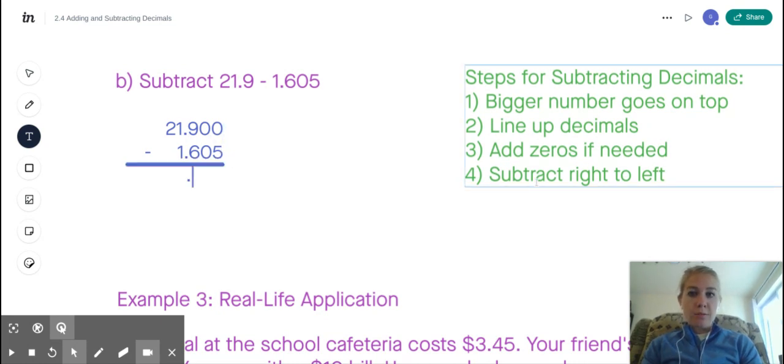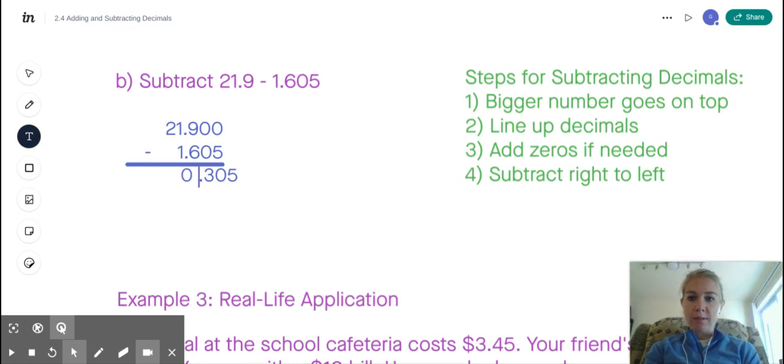Okay, subtract right to left. Okay, 0 minus 5, so that's just 5. 0 minus 0, well, that's 0. And then 9 minus 6, 9 things, take away 6 of them, that would be 3. Okay, then we have 1 minus 1, which is 0. Oops.